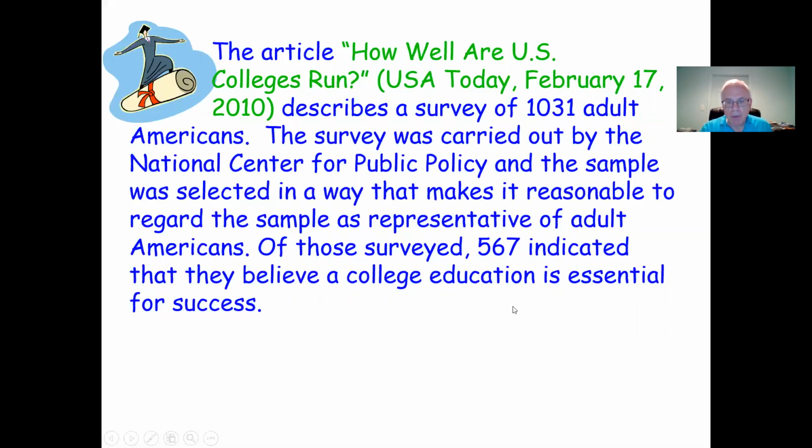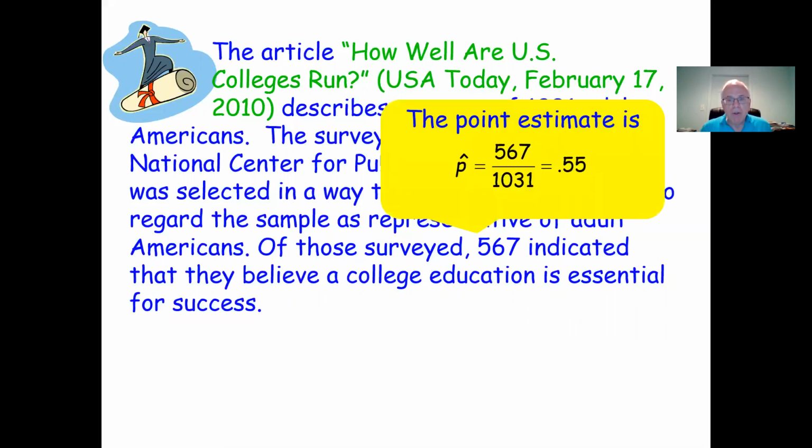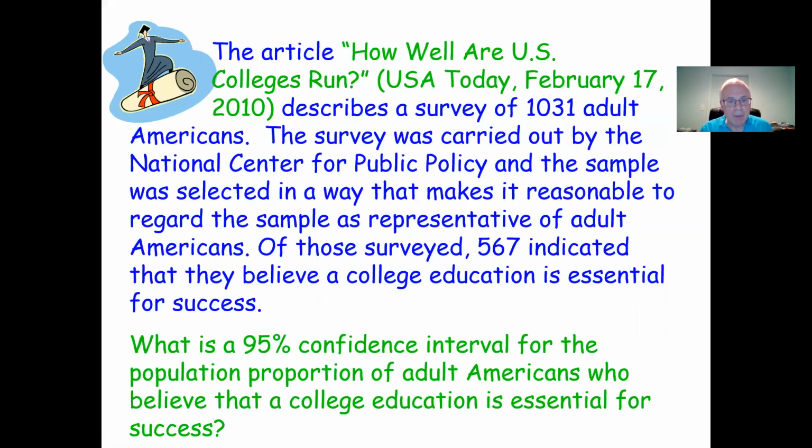So for this particular sample, the sample proportion is 567, the number of people who said it was essential for success, a college education, divided by 1,031 people who were asked the question. We divide those two numbers, we get 0.55, and that's the sample proportion. That's about 55%.